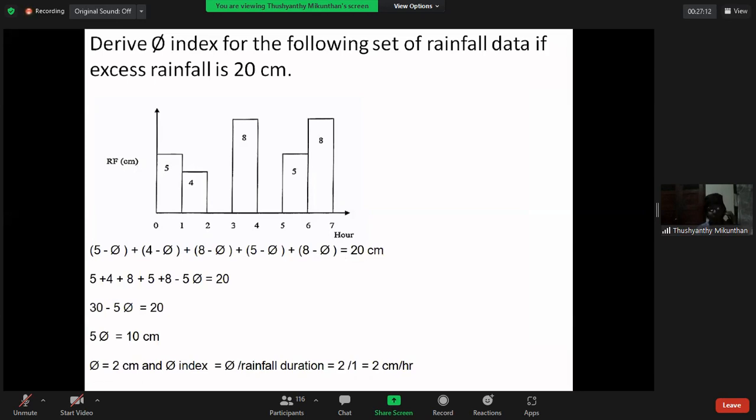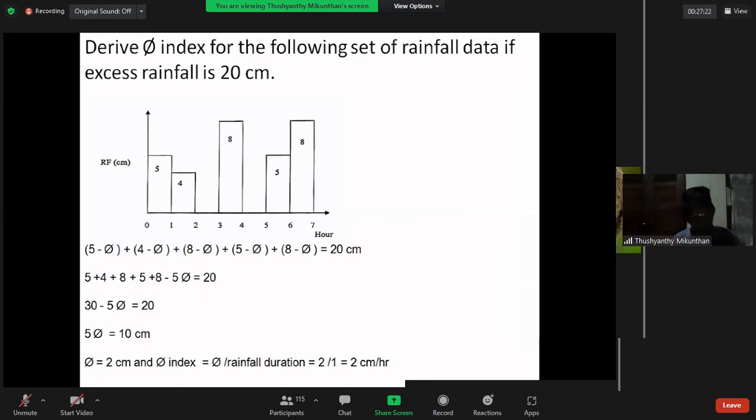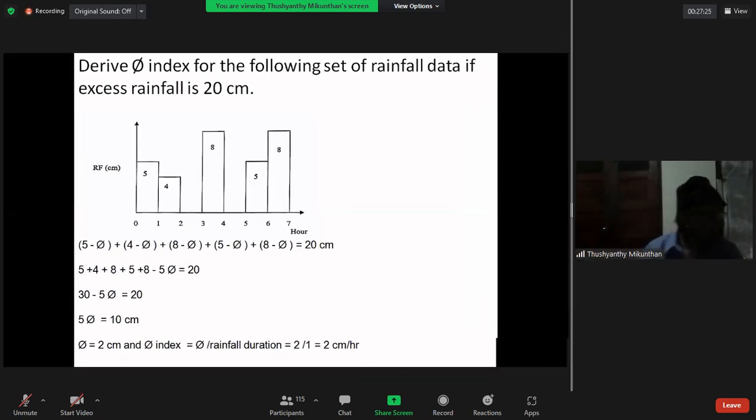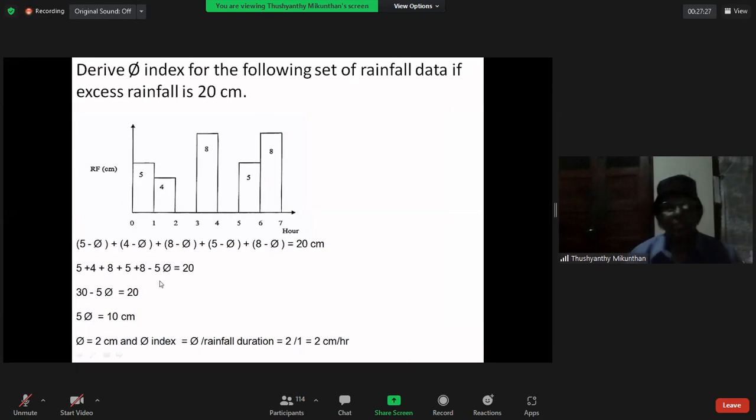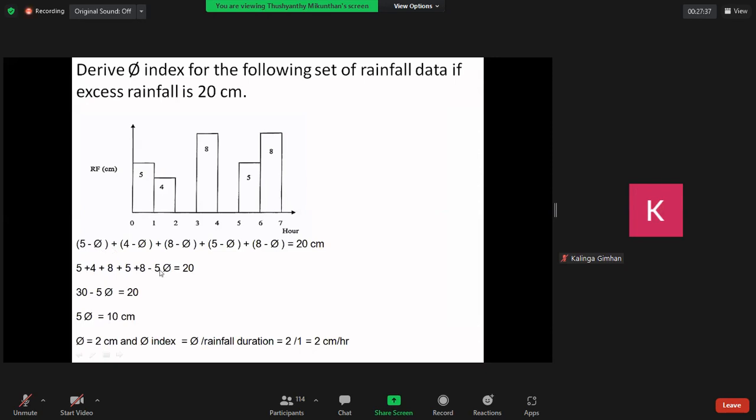So see, 5 plus 4 plus 8 plus 5 plus 8 minus 5 phi is equal to 20 centimeter.